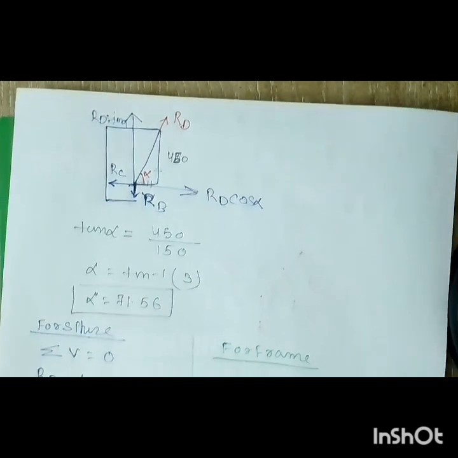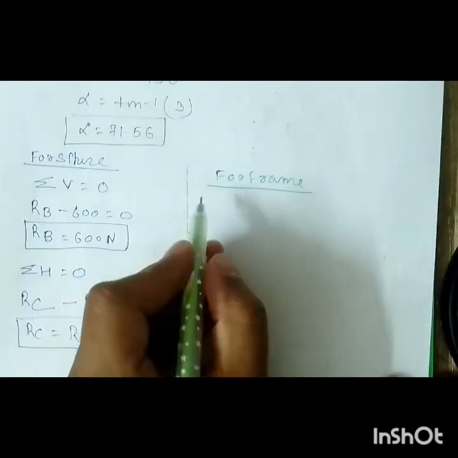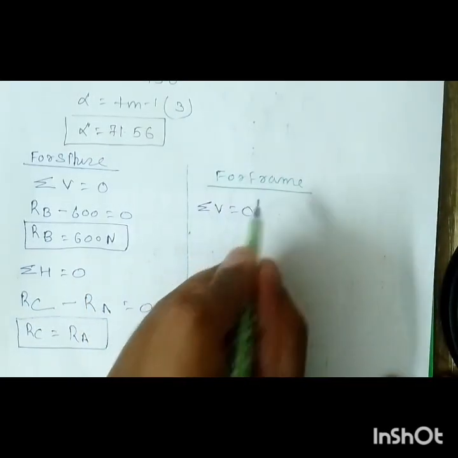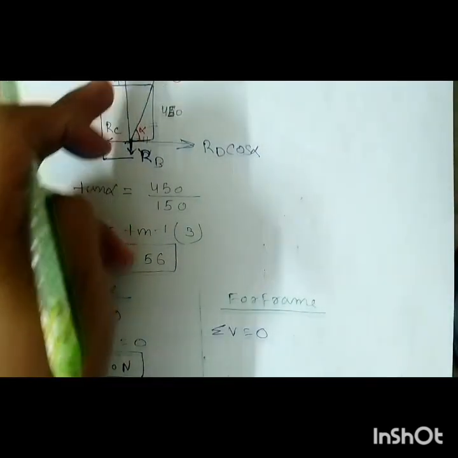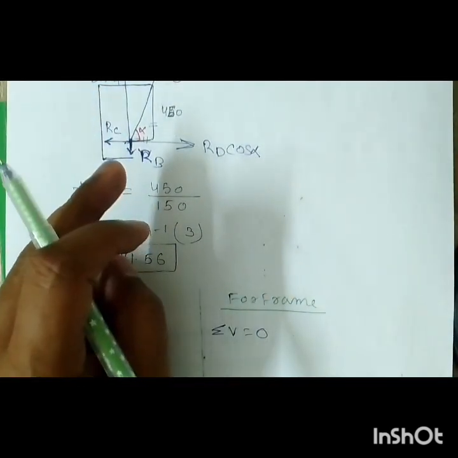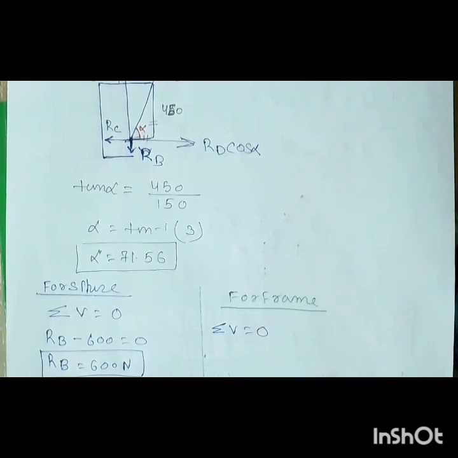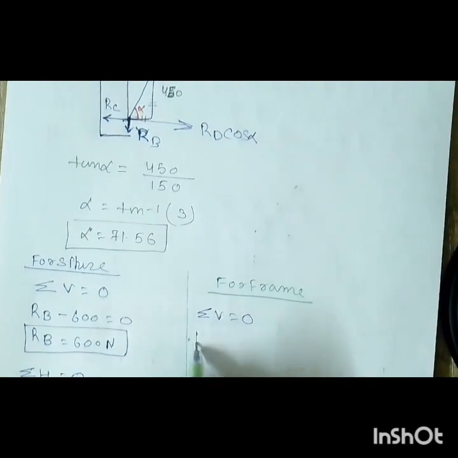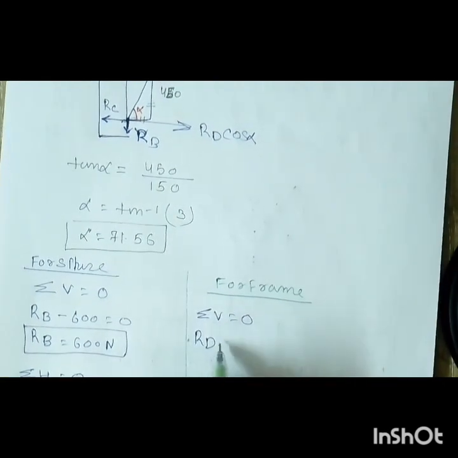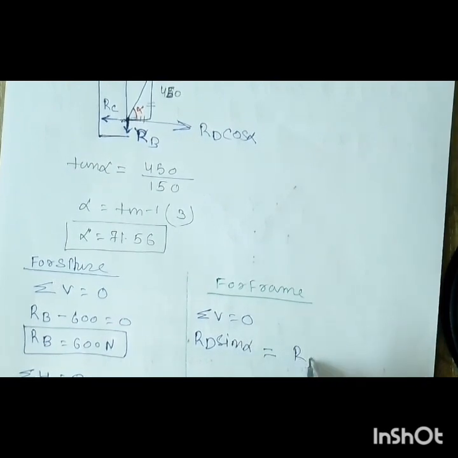Hope you are understanding. So now we can say summation V is equal to 0. What are the vertical forces? RD and RB.